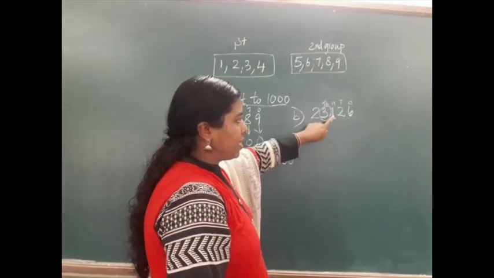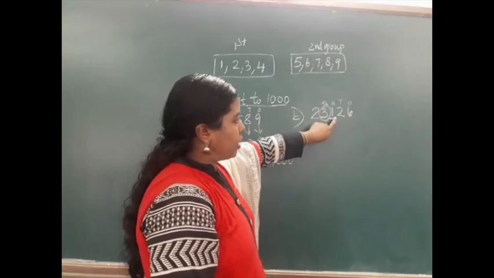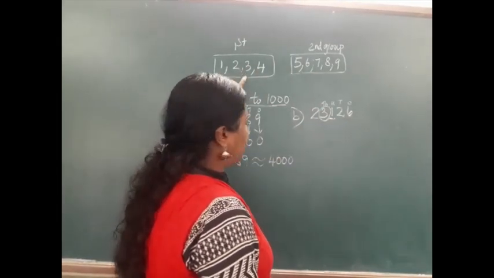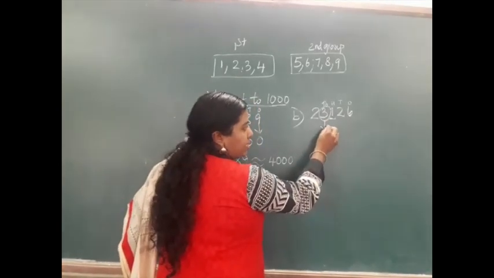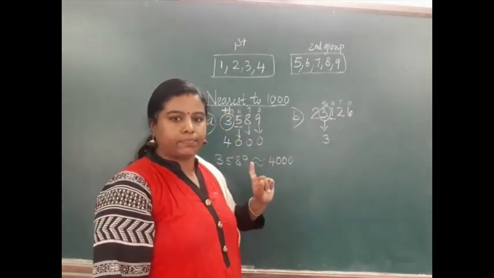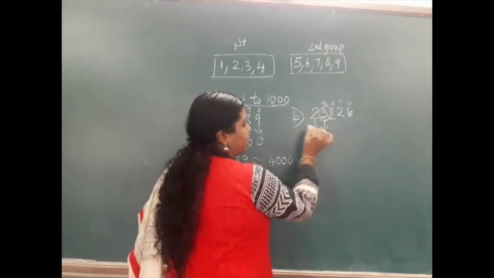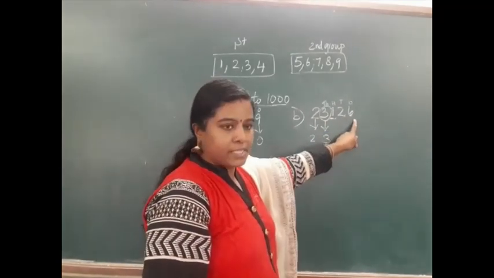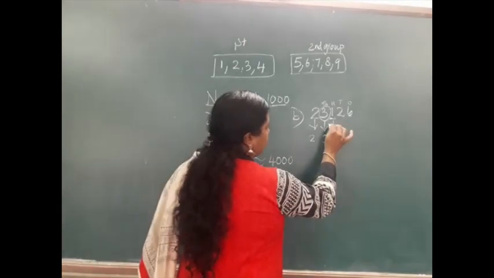Now the underlined digit belongs to the first group or second group? 1 belongs to the first group. So what is the step? If it belongs to the first group, we will write the circled digit as it is. There is no change for the circled digit. And the next step is the left side digits should be written as they are, whereas the right side digits should be changed to zeros.